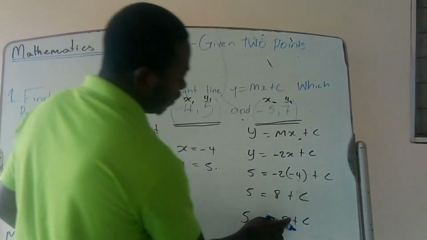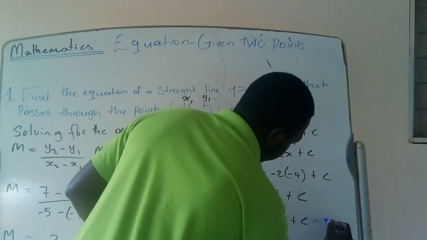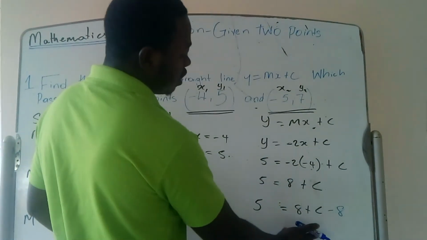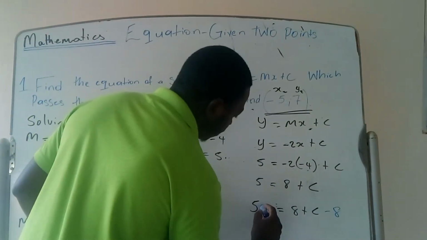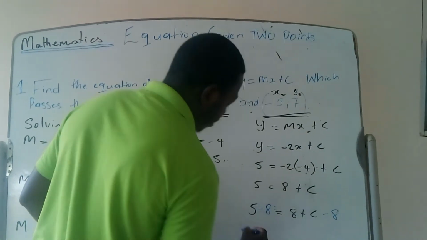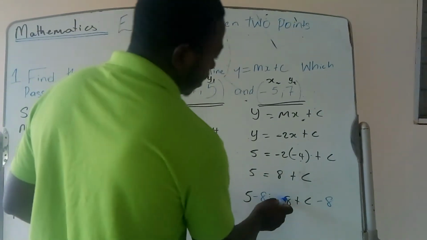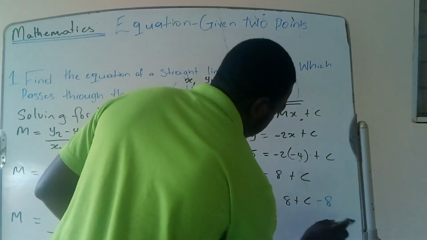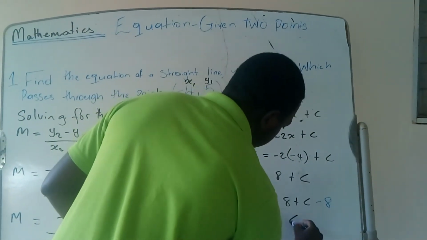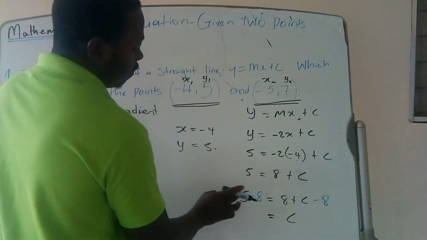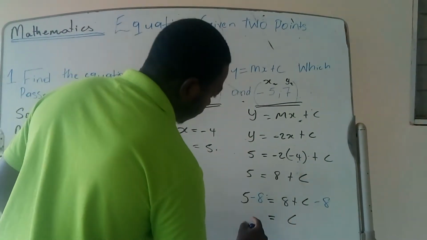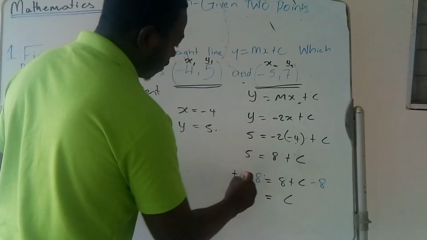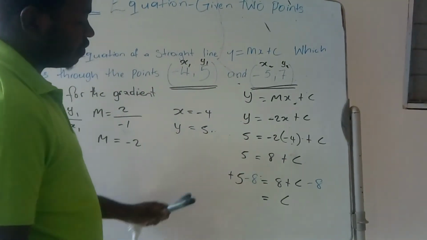Now I want to get rid of 8, I have to subtract 8. Now if I subtract 8 from this side, it is an equation, and to keep it balanced, I also have to subtract 8 from this side as well. Positive 8 minus 8 will give me 0. So this left me back with c. Now 5 minus 8 gives me, whenever you have a 5 by itself means plus 5, which is a positive 5.